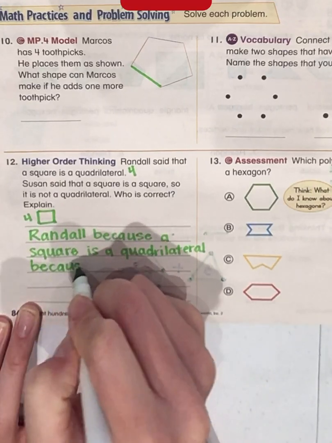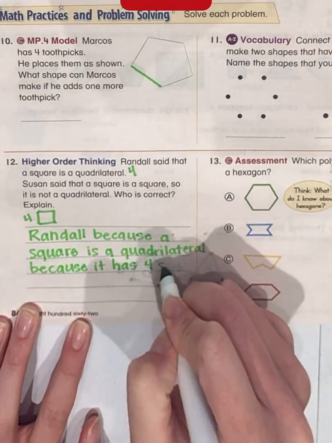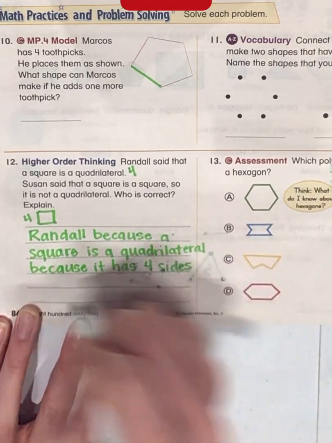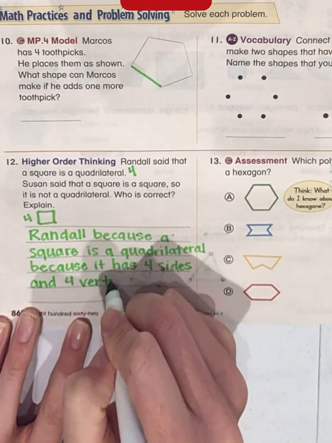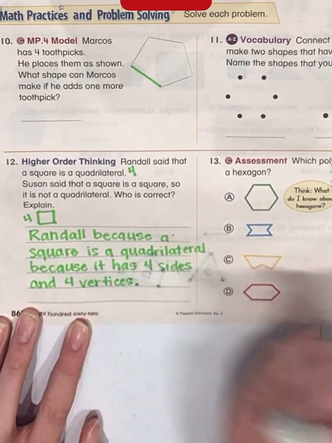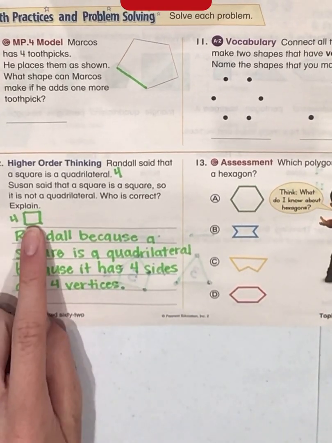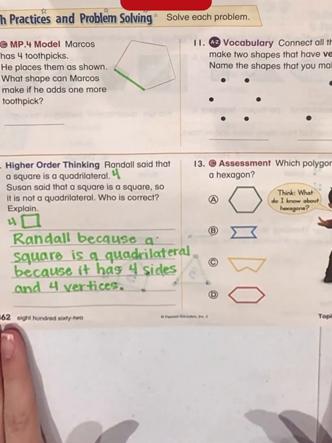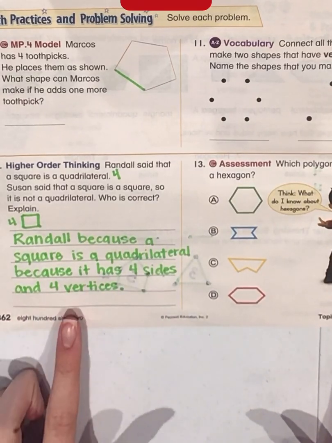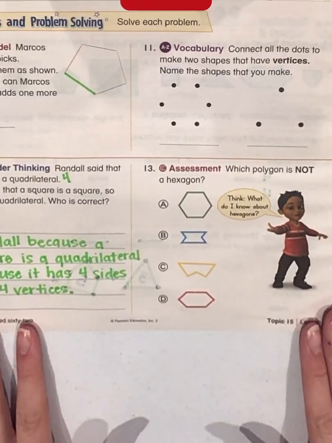And we know this because it has 4 sides and 4 vertices. Usually when we see a shape like this, we would say it's a square, and that is correct. But it can also be called a quadrilateral because it has 4 sides and 4 vertices. So if you need to pause the video to get this sentence copied down, you can. And then we're going to take a look at 13.